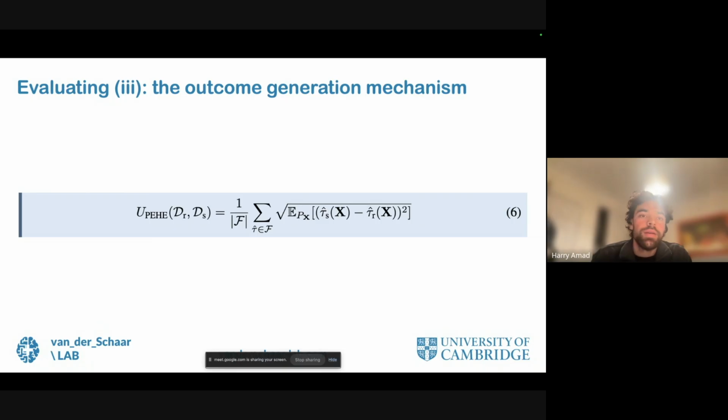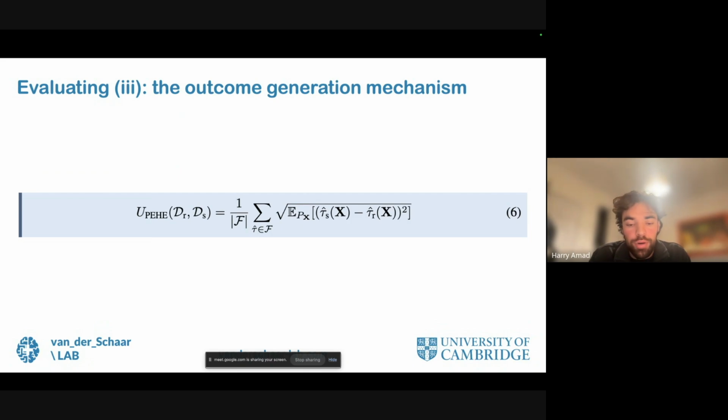And similarly, to assess the outcome generation mechanism, which is our third desideratum, we train what is called a CATE estimator on the synthetic and the real data. A CATE estimator, or CATE, which is an abbreviation of conditional average treatment effect, is basically a family of estimators designed to estimate the treatment effect displayed in a data set.